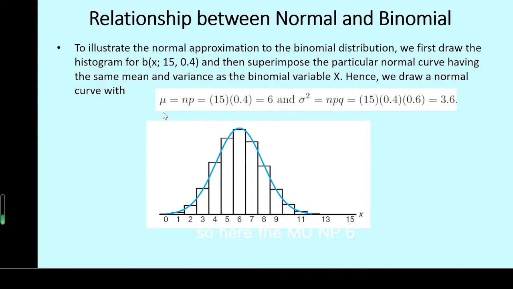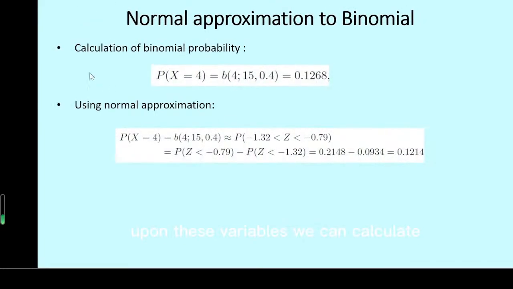So here, mu equals np, 6, and sigma squared equals npq, 3.6. Using these values, we can calculate, for example, if we use binomial, the discrete probability for the random variable equal to 4, which is binomial with 4 successes in 15 trials with constant rate 0.4. This discrete probability is about 0.1268.